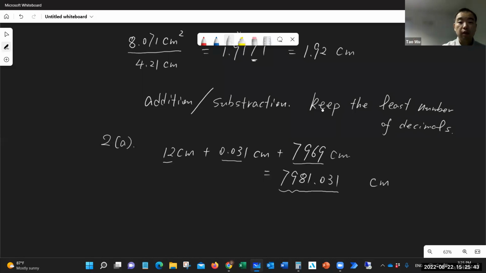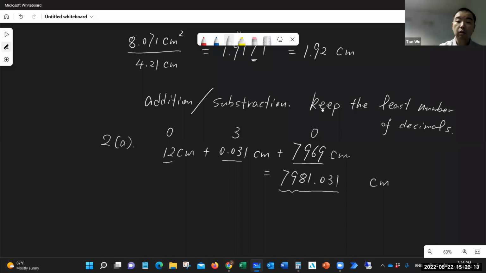For example, 12 here does not have a decimal, so it has 0 decimals. There's 0.031, which has 3 numbers after the decimal, so it has 3 decimals. And this number is also a whole number, so it does not have a decimal. When you add them together, you're going to keep 0 decimals, which means a whole number.